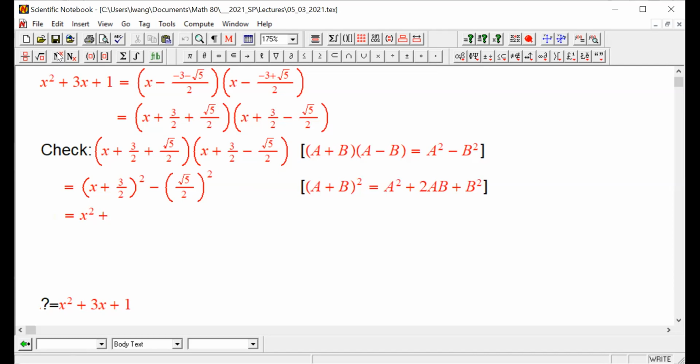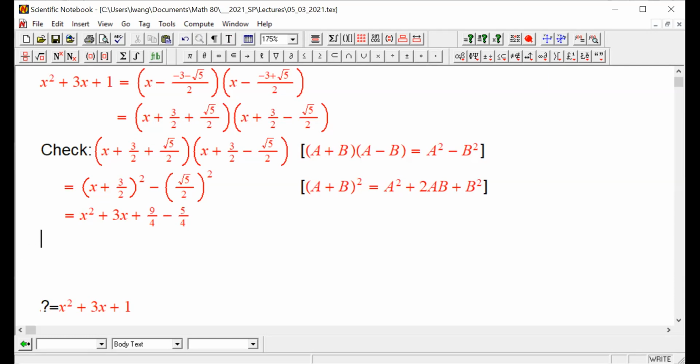plus 2ab, which is 3x, and plus 3/2 squared. 3/2 squared, that's 9/4. Subtracting root 5/2 squared, that's going to be 5/4.